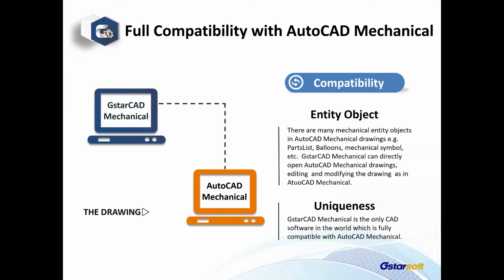I always like to say that compatibility is one of the most important key factors for alternative CAD software, because when a potential user is going to switch from their original solution to a new one, commonly they will think about whether the new software can satisfy their needs, whether the drawing data can be reused in the new software, whether they need to change their design habits, or whether they need to spend a lot of time to relearn a new software.